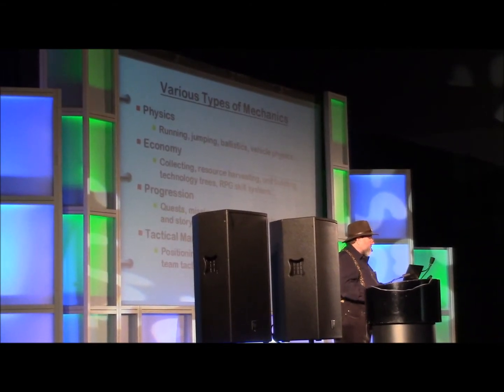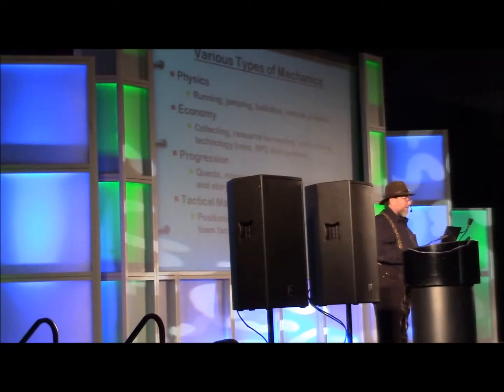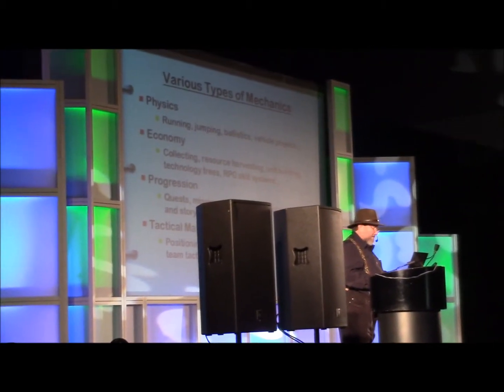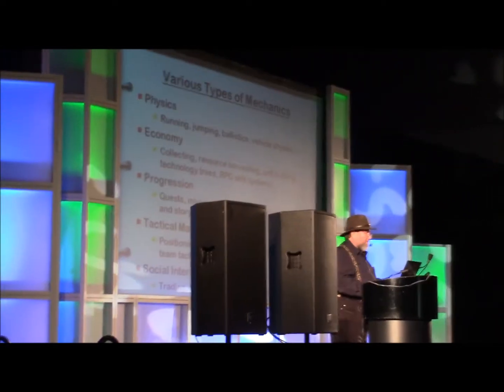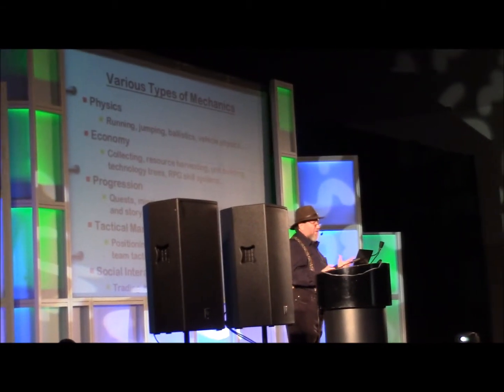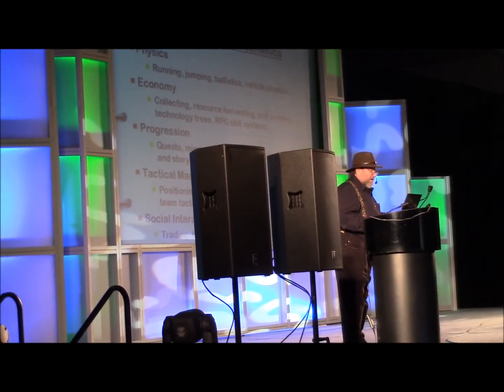Tactical maneuvering, kind of typical war game sorts of things, zones of control, establishing supply lines, team tactics, and that kind of thing. And social interactions: bluffing and making deals with people and coordinating actions and so on. So these are sort of 5 broad categories of game mechanics that we tend to have to work with.